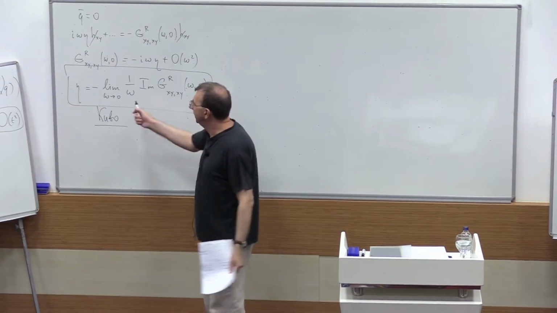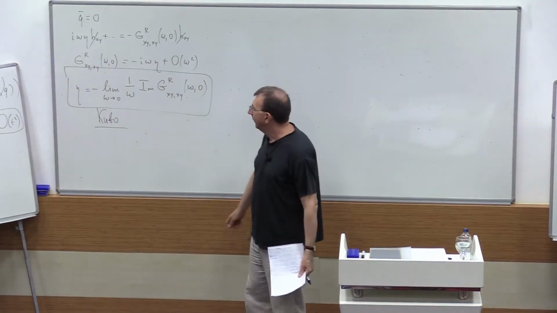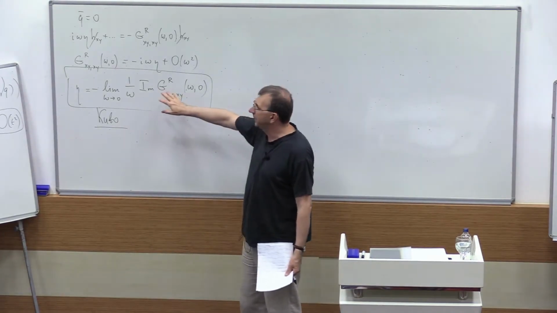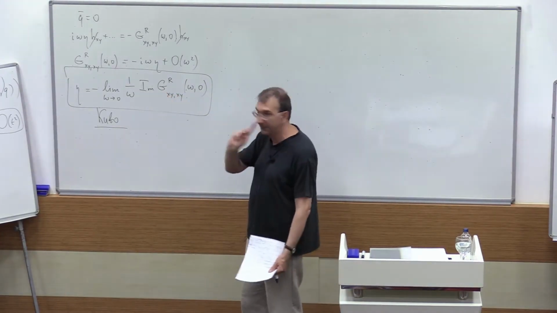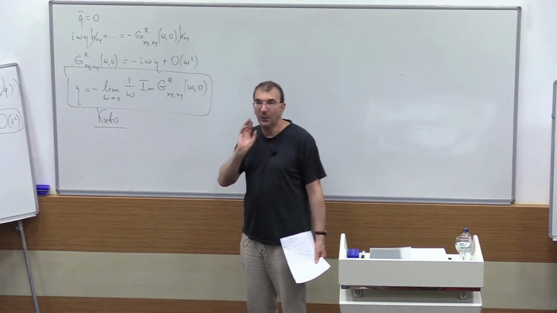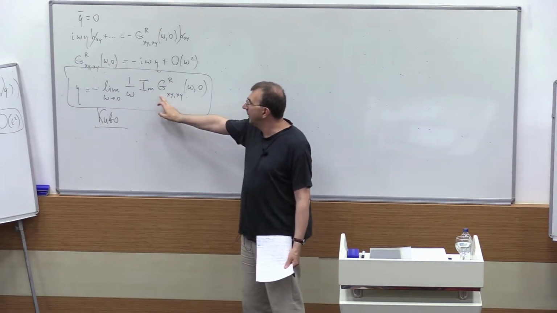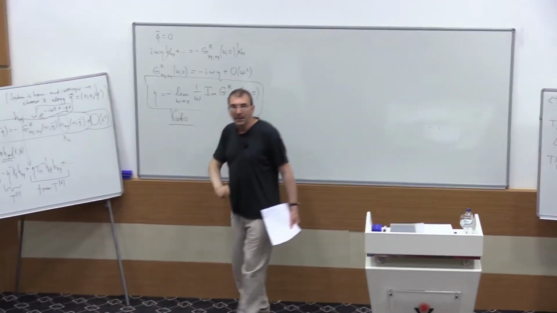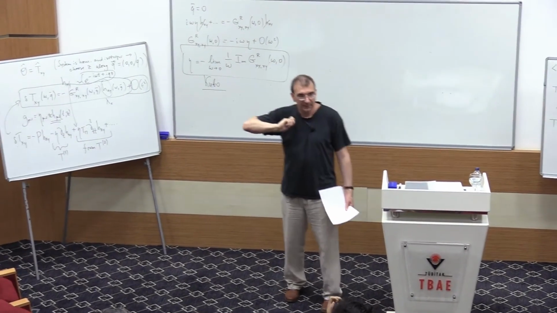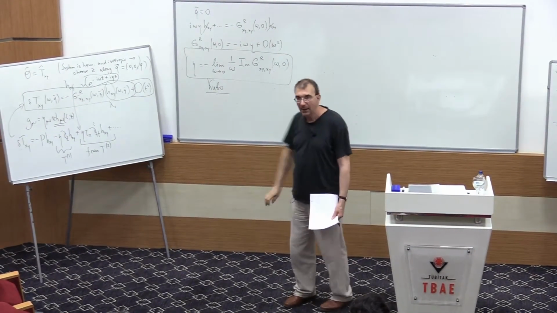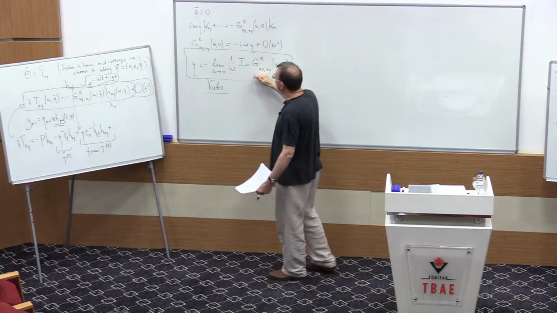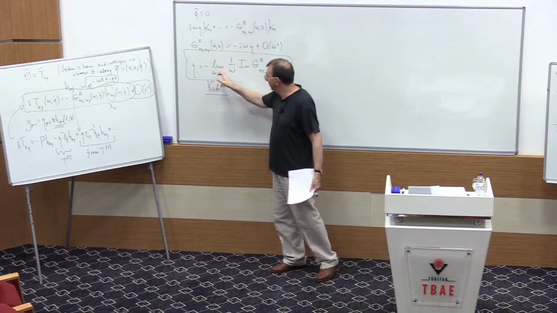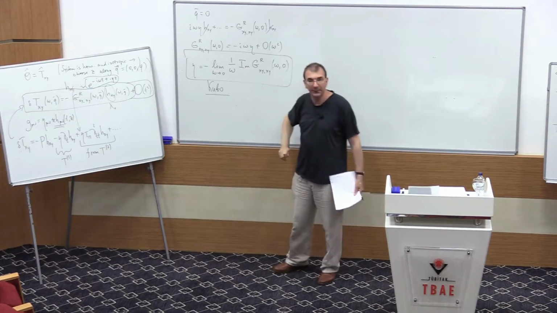This formula tells you that shear viscosity will be proportional to the zero frequency limit of a particular correlation function, an equilibrium correlation function, this is important, of a particular operator, which happens to be particular components of the energy momentum tensor. So if you have some means in your microscopic theory to calculate correlation functions of this type, then you can do this limit and you can recover shear viscosity.